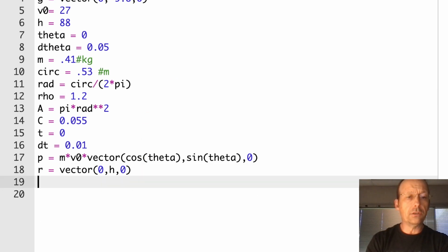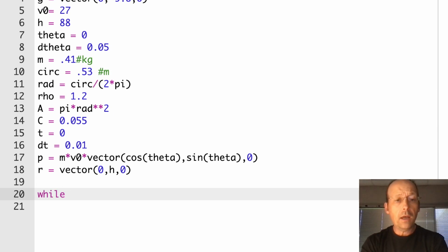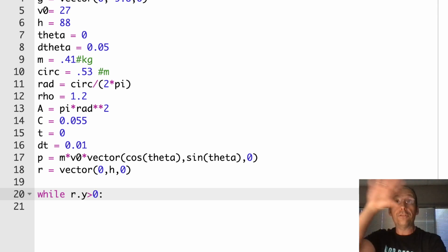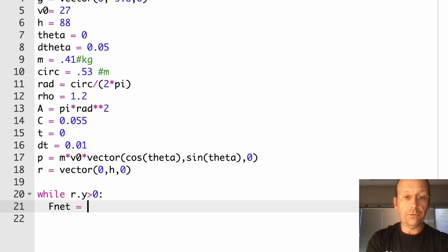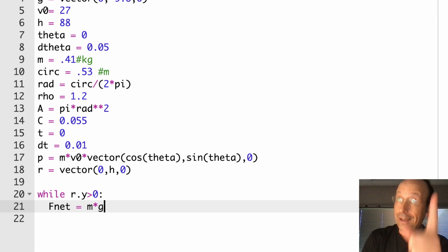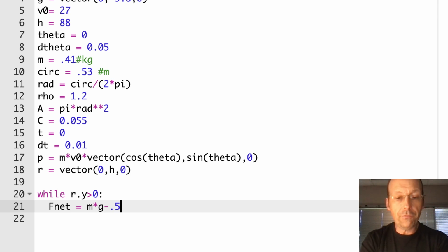So let's do this loop. I'll say while r.y is greater than 0, so while it's above the ground. Number 1, calculate the force. F net equals m times g. It's not negative because g is a vector. Minus 0.5 times rho times A times C times the magnitude of the velocity.